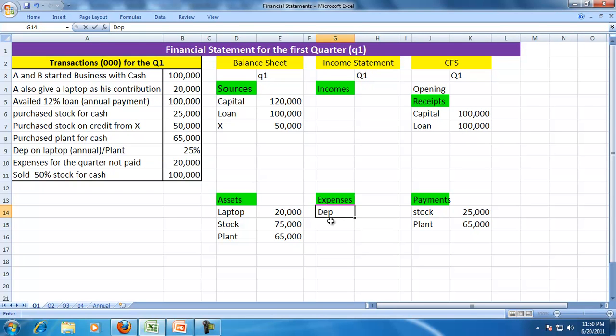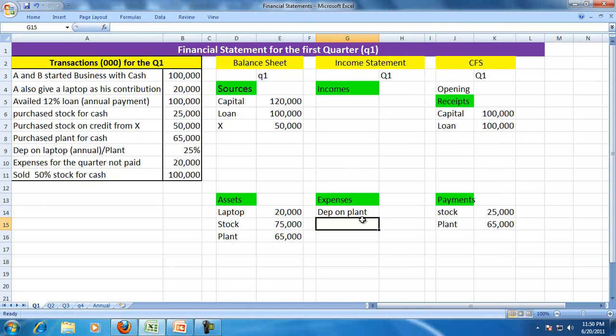Okay, depreciation on plant is an expense, and depreciation on laptop is an expense. But you have to be careful, this is for the quarter, so 25% into 60,000 divided by 4 for the quarter. Okay, so divided by 4.